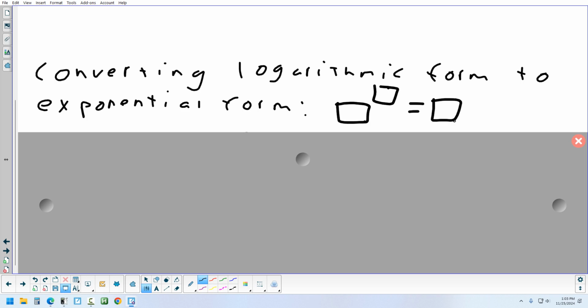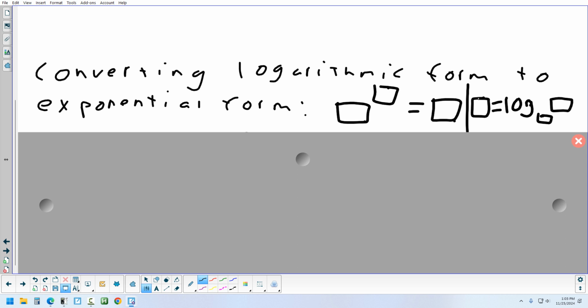Log form looks something like this. Log, you have a number that's lower. What do we call that number? That's the base. And we have a number right there. What do we call that one? The argument. And then you have a number on the other side.